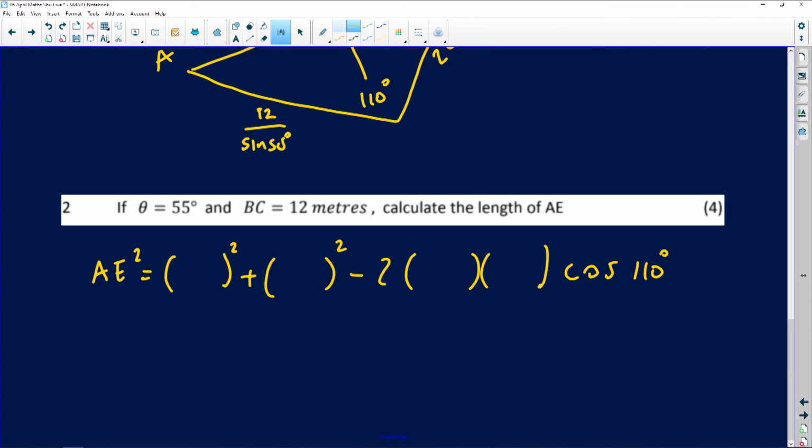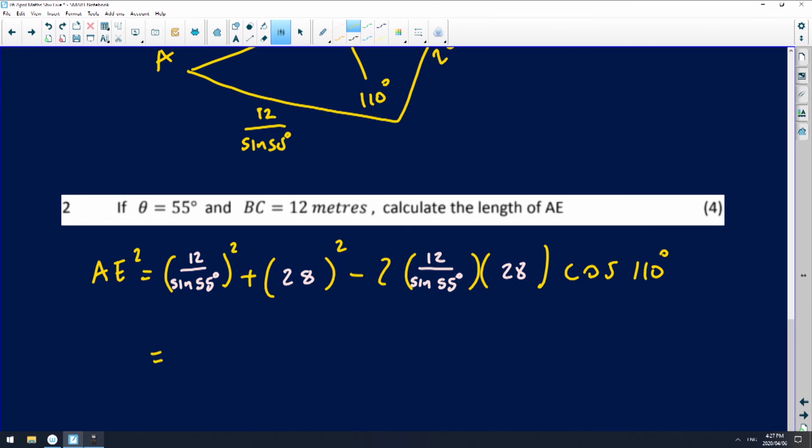So I'll substitute all that we know so far. We know that this is actually 12 divided by sine of 55 degrees, and the other one is simply equal to 28. And then the next one is 12 divided by the sine of 55 degrees multiplied by 28, and then you just punch everything in your calculator to get the solution that you're looking for.